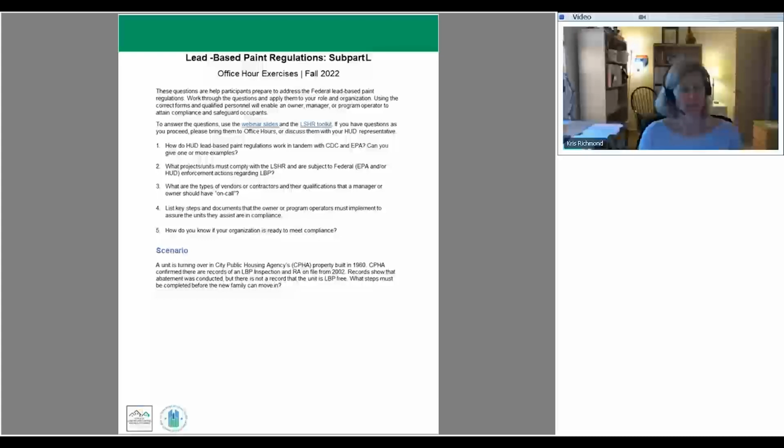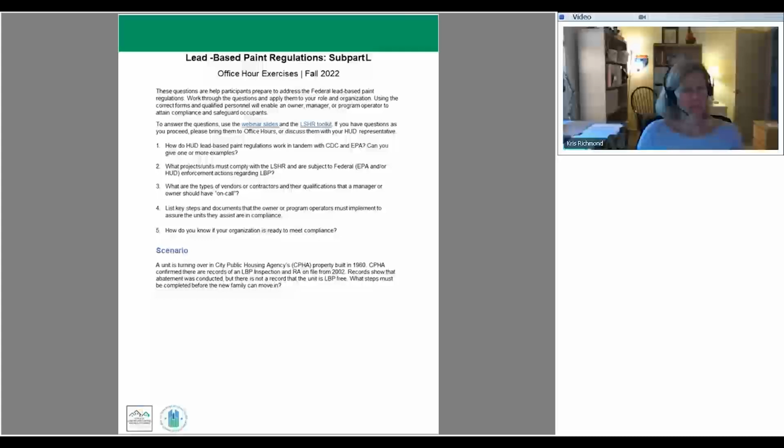We also have ongoing maintenance, and so we need to make sure we're following all of our ongoing maintenance requirements. We have lead specialists. These are also our risk assessor, our lead inspector. We might need to have them also do clearance if the area is larger than de minimis. So those are all some other areas that we need to ensure we're following.